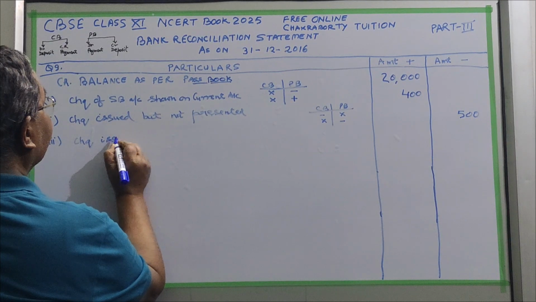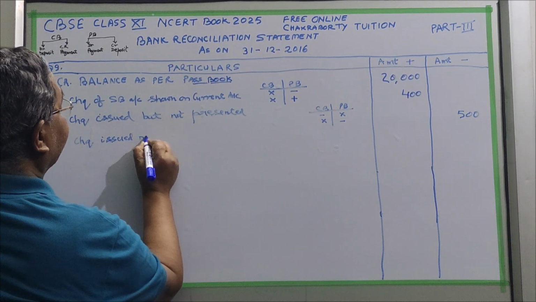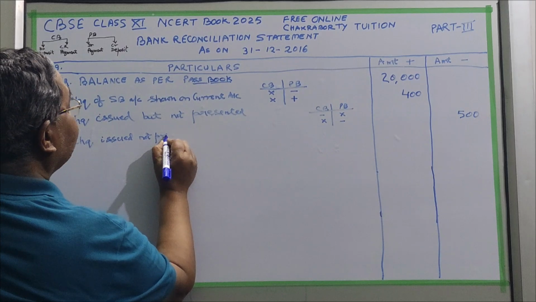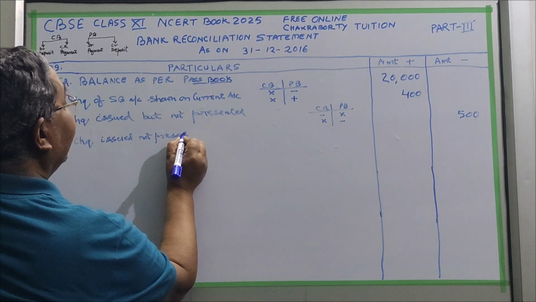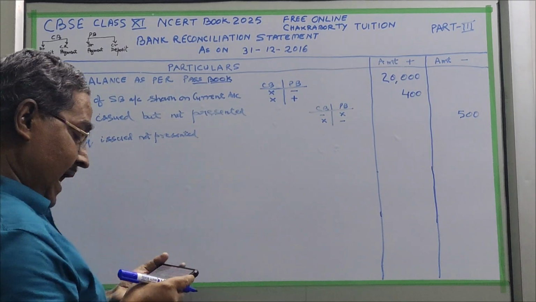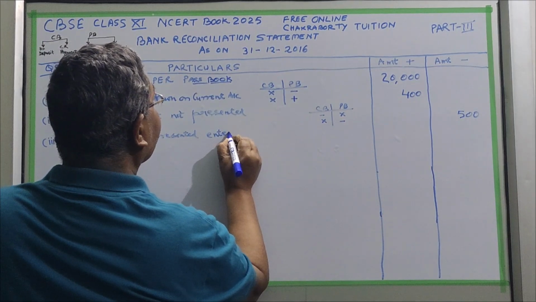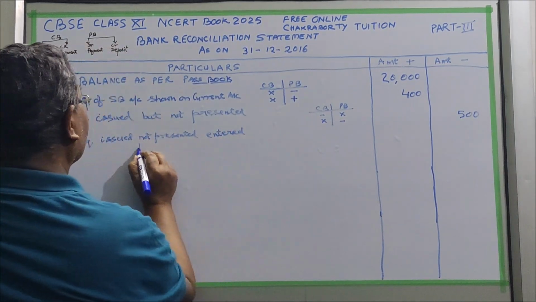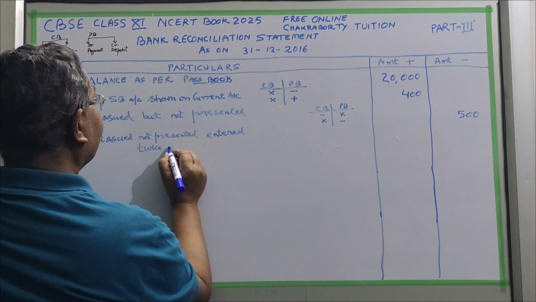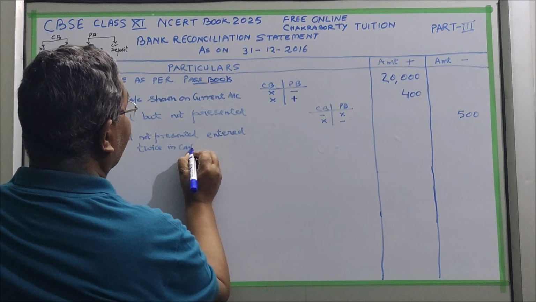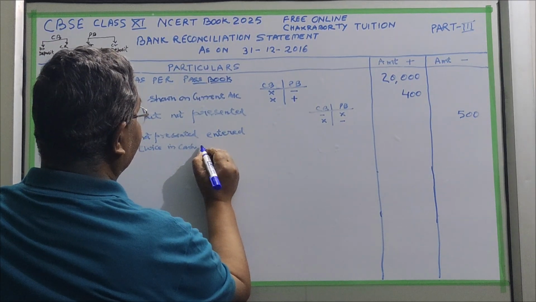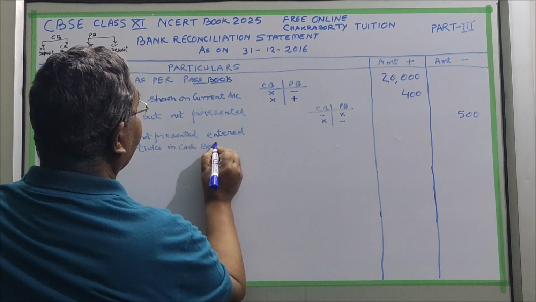Check issued, not presented, means not presented in the bank, and entered twice in the cash book. This is also an erroneous entry. Due to the error, this is coming in the cash book of 500.